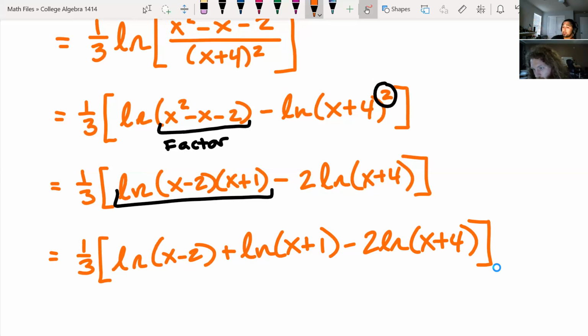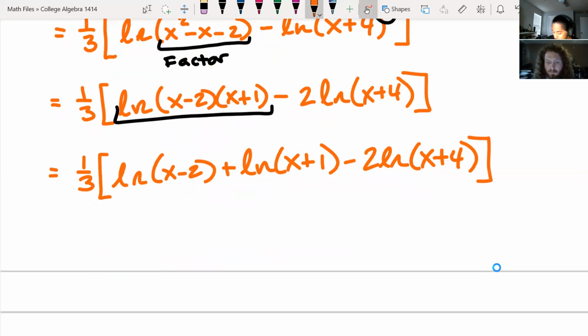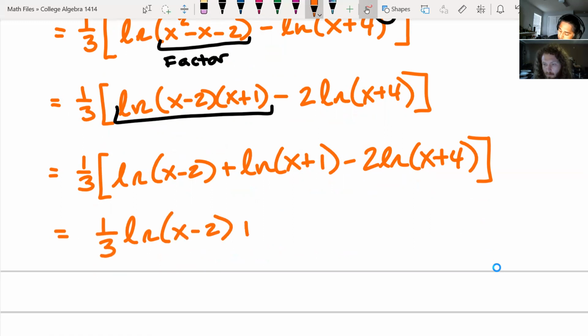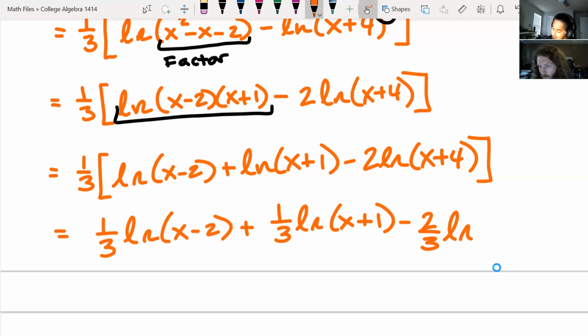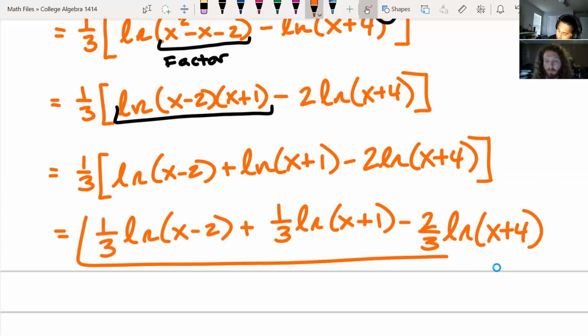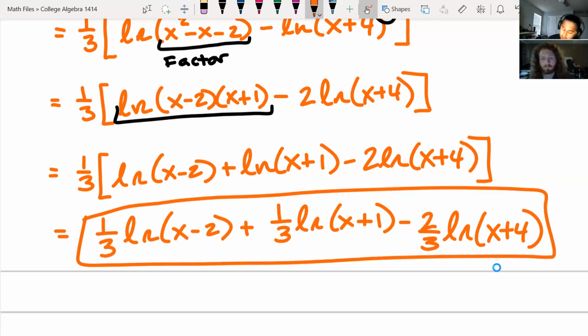We can't expand it anymore. All we have left to do is distribute that 1/3. I don't think we have to, but let's do it anyways. 1/3 times the natural log of x minus 2 plus 1/3 times the natural log of x plus 1 minus 2/3 times the natural log of x plus 4. There we go.